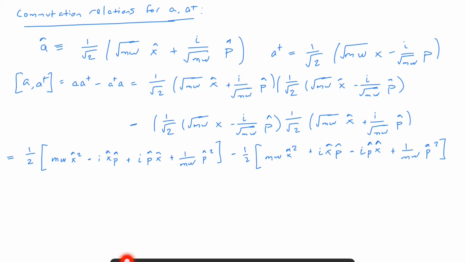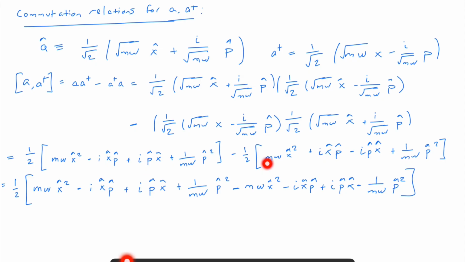If you just do some algebra and do FOIL, first, outer, inner, last, for these two binomial terms, you get this expression and this expression. If you rehash things a little bit and pull out the 1/2 from both of them, including the minus 1/2, you can get this one long expression here. This m omega x squared will cancel with this minus m omega x squared.